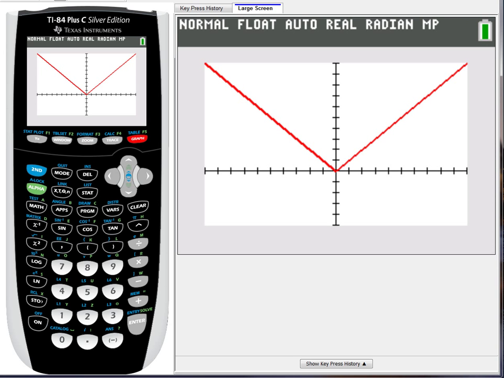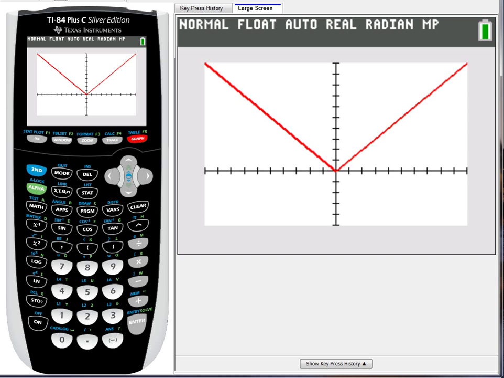Okay, now that's why we probably shouldn't use an absolute value function to show this problem, but it actually did change. Even though in this case the graph basically drew the second graph on top of the first, that's not really what happened.